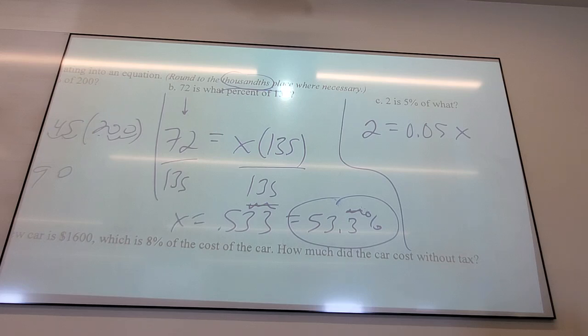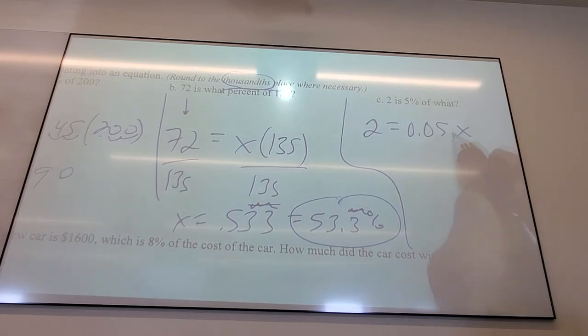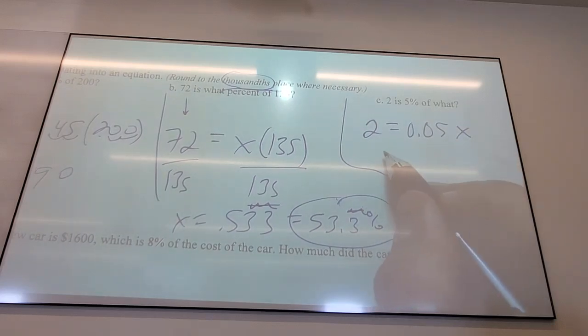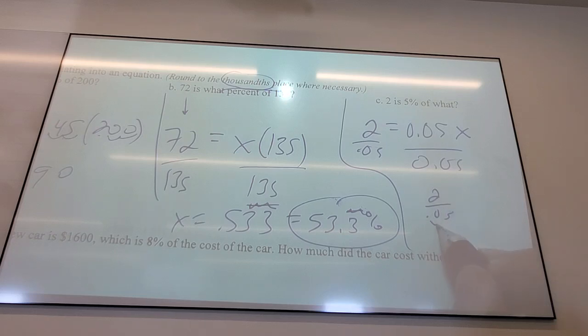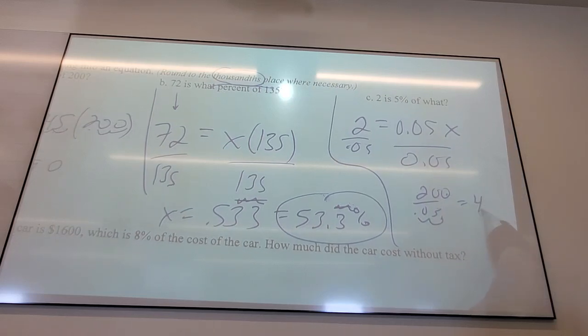The 5% as a number is 0.05. 5% is something we made up on top of the numbers. And then I just have to divide by 0.05. And if I want to do this in my head, I move this over twice, I move this over twice. 200 divided by 5 is 40.